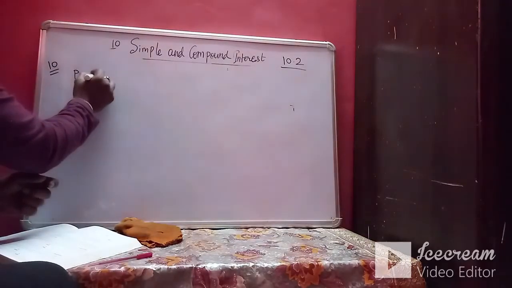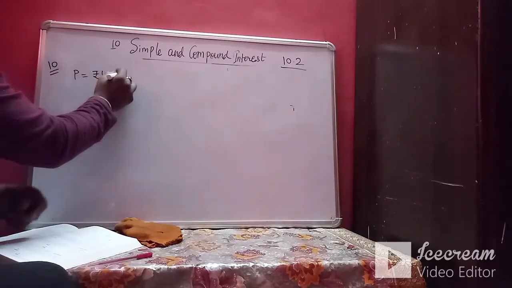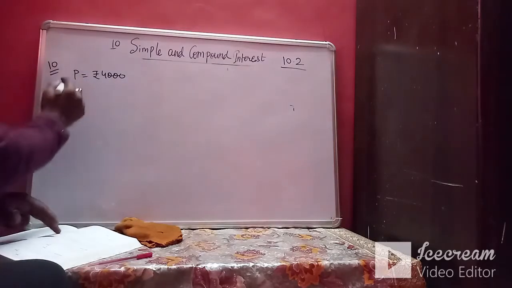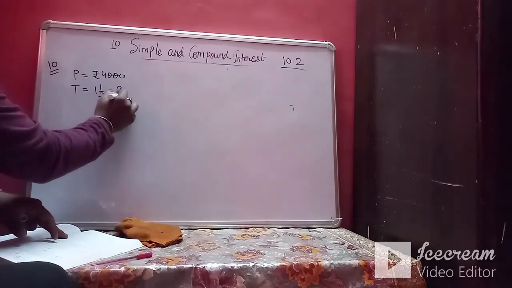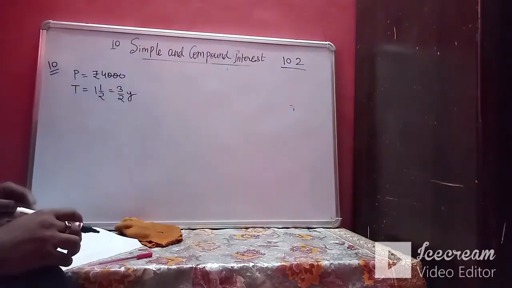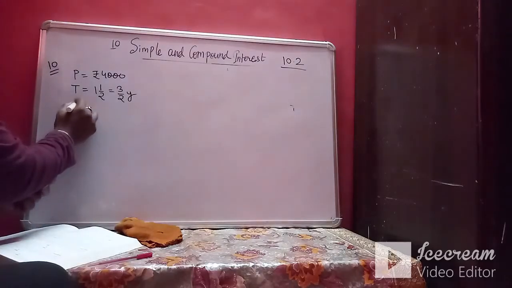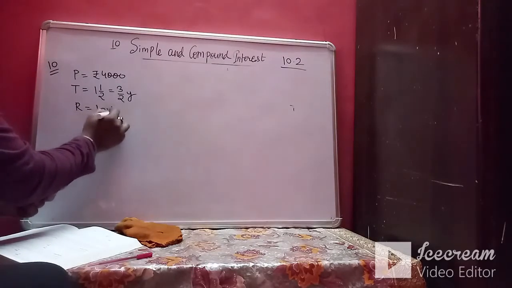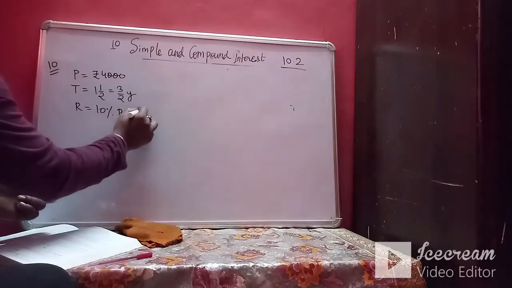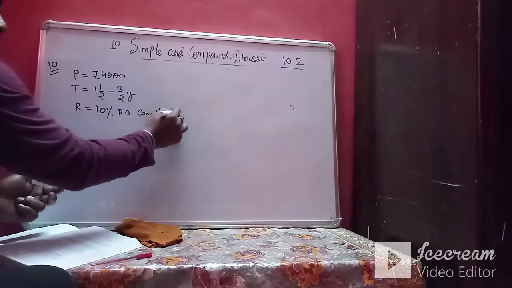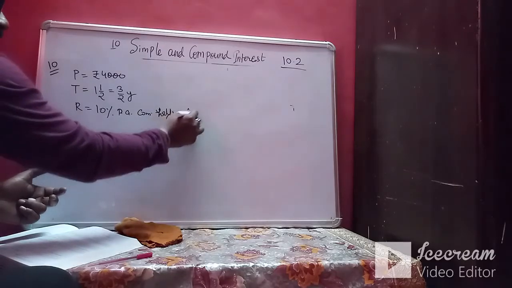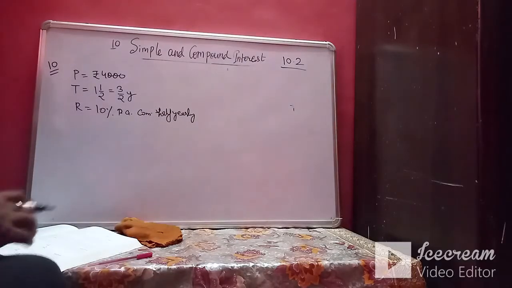So here P is rupees 4,000 for 1.5 year, time given is 1.5, that is 3 by 2 years. At 10%, it is 10% per annum and it is compounded half yearly. Okay, now the interest is compounding half yearly. So what we will do?